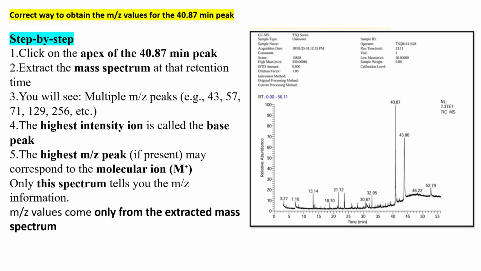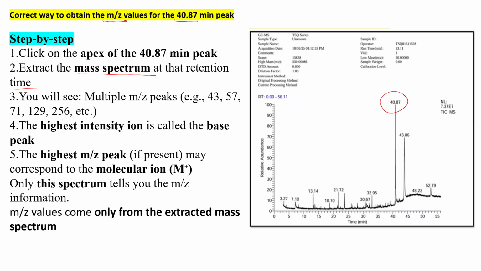How to obtain m/z values for the 40.87 minute peak? We click on the apex of this peak and then extract the mass spectrum at that retention time.